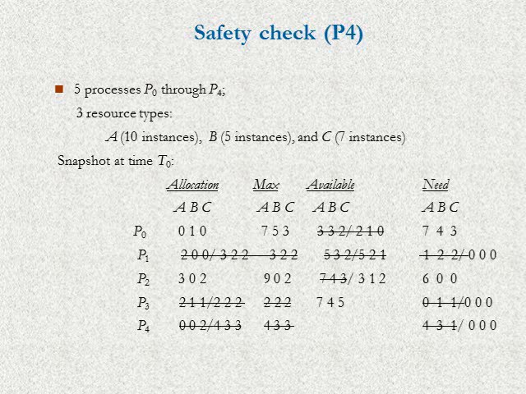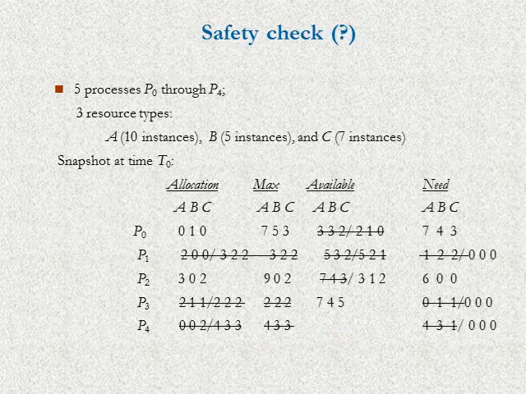So the new state will become 7, 4, 5 instances of resources A, B and C respectively. Also, by having these resources, we now have P1, P3 and P4 already completed their execution.